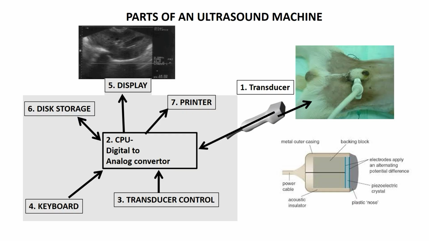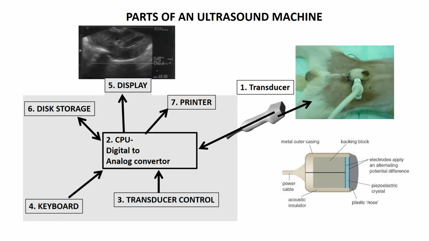Let's discuss the parts of an ultrasound machine. The outer part is a transducer, which is touched to the animal. That transducer is attached to the CPU. That CPU is used to convert the digital to the analog.